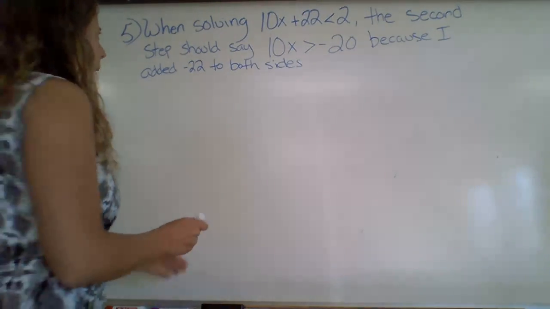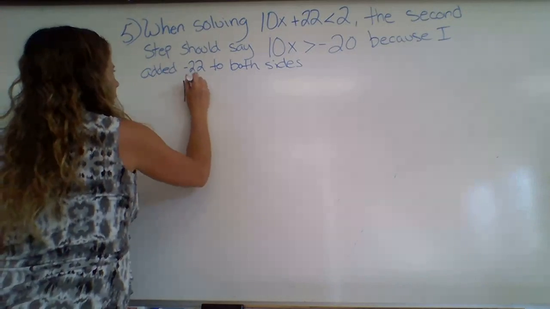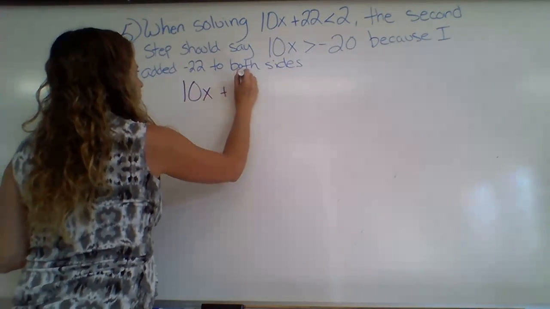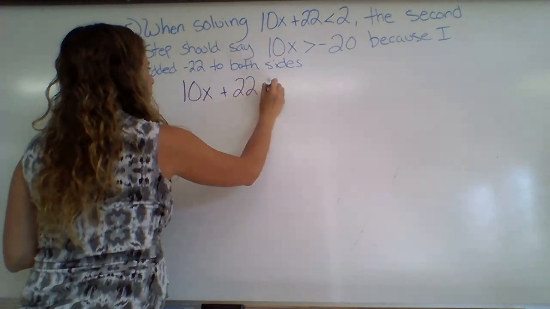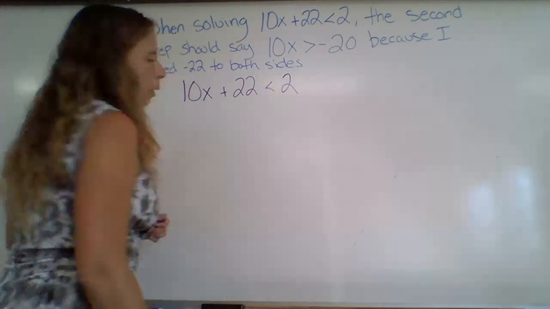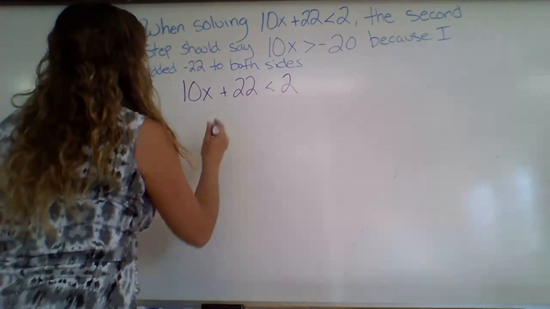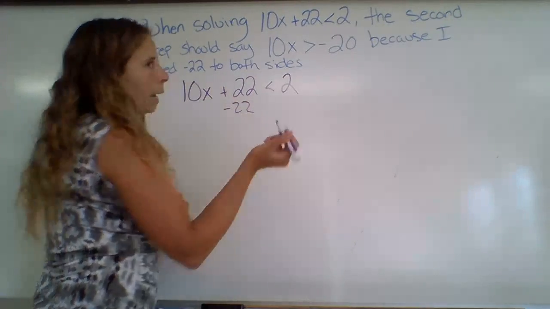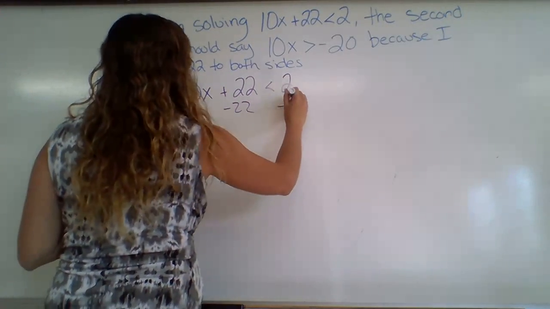So they're saying they had 10x plus 22 is less than 2. Okay, so they're solving for x. So they subtracted 22, or they added -22 to both sides.